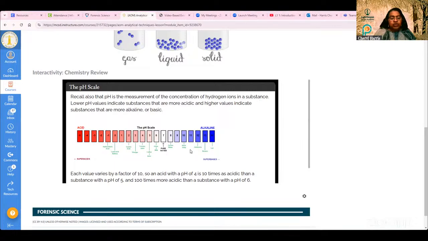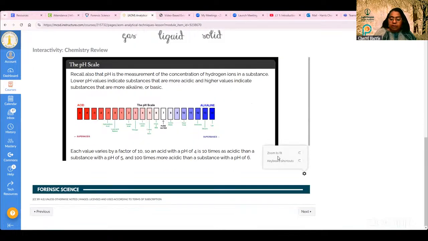Ammonia is strong. So as we go up here, now we have strong bases. On either end of this scale, you have things that can harm the skin. A strong acid can burn you, a strong base can burn you as well. Bleach and lye. So be familiar with the fact that there is a pH scale.